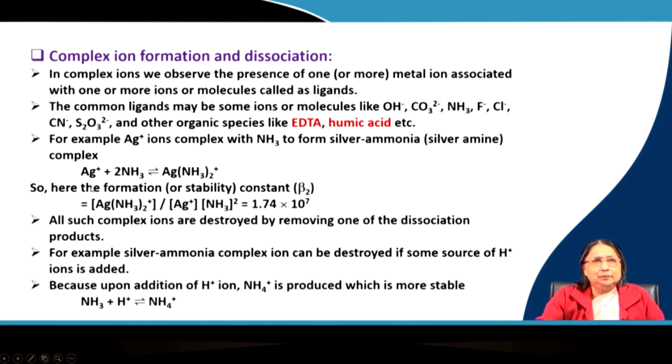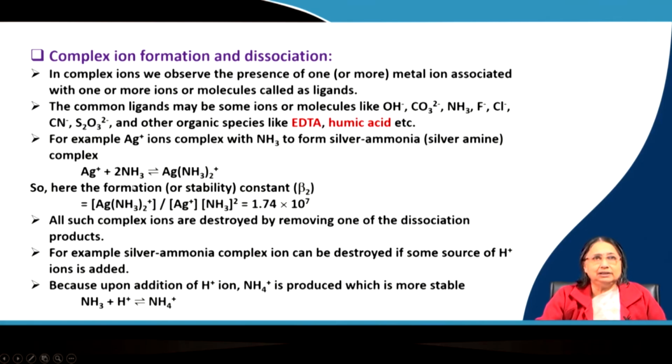All such complex ions are destroyed by removing one of the dissociation products. Taking this example, the silver ammine complex is produced from silver ion and ammonia. Then this complex may be broken down. You have some idea about shifting the equilibrium. The silver ion and ammonia form the complex in a dissolved state. If I want to make this reaction go backward, some product has to be removed.